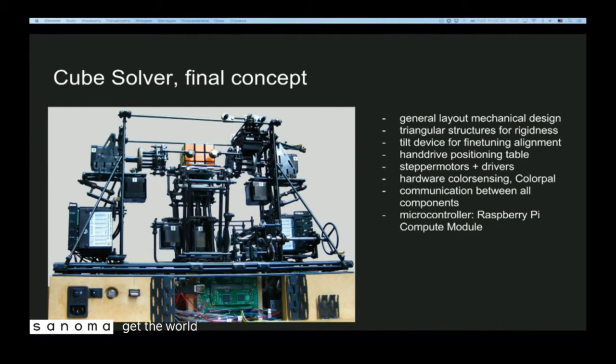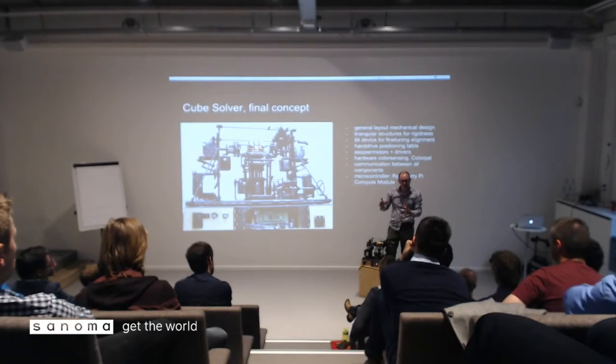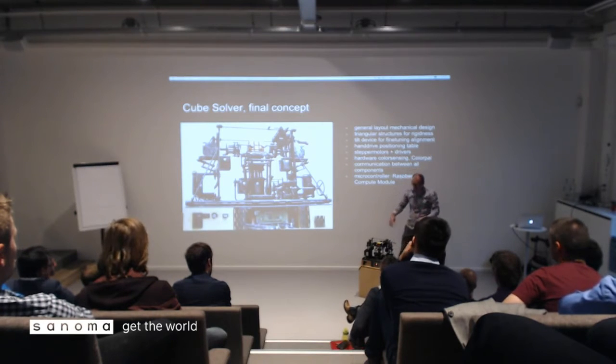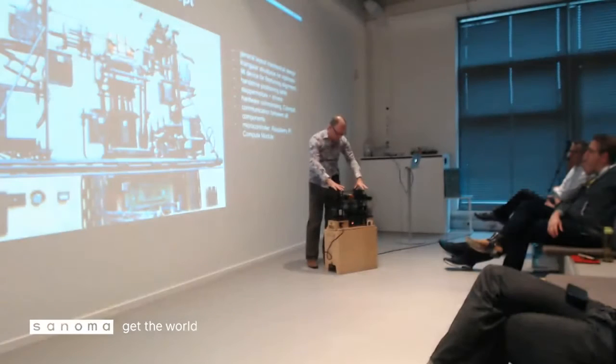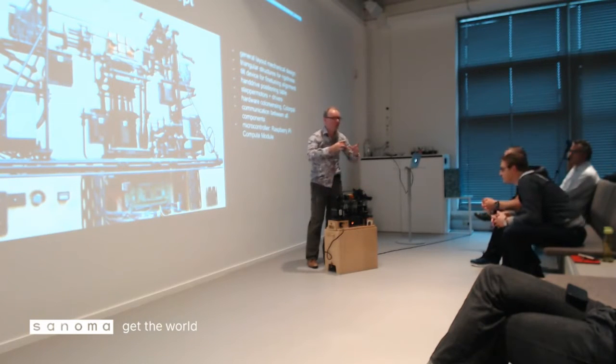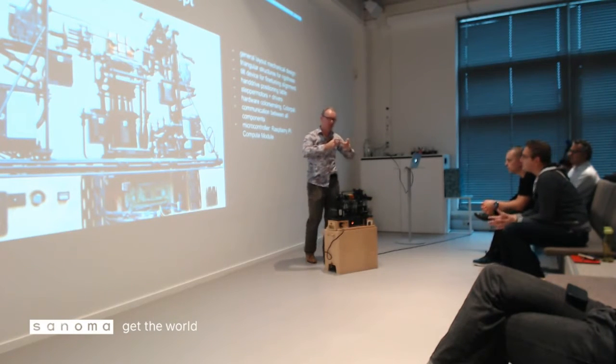To get a rigid structure in the machine, I also added a couple of triangular shaped parts, which make the structure rigid. Otherwise, it can still deform. Even in this case, if you look quite well, you can see small deformations in these grippers.